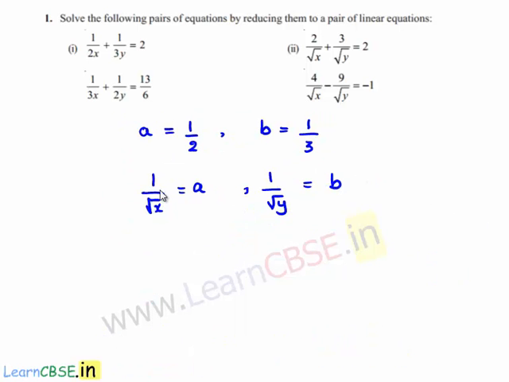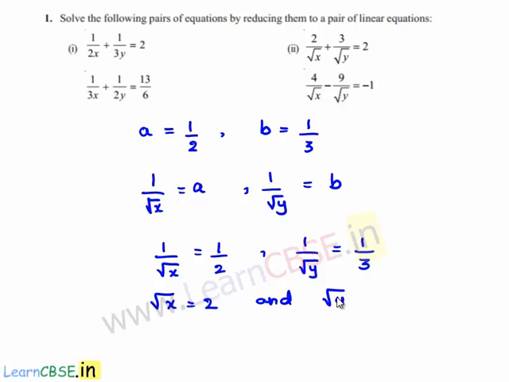But we have assumed a is equal to 1 by root x and b is equal to 1 by root y. So in place of a, let us write 1 by 2, and in place of b, let us write 1 by 3. So on cross multiplication, we get root x is equal to 2 and root y is equal to 3.